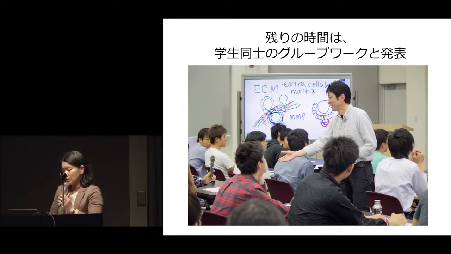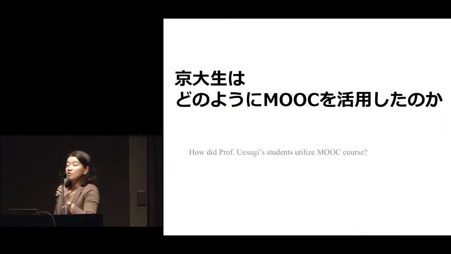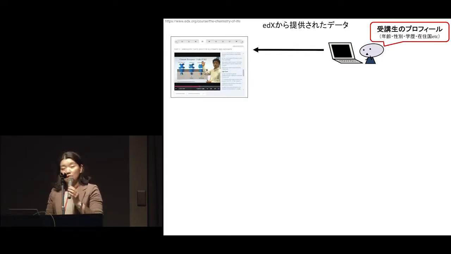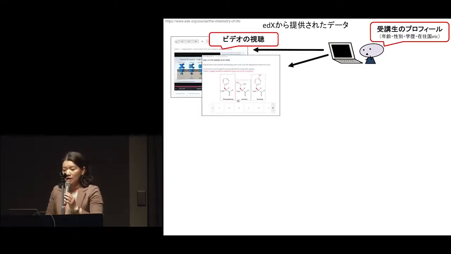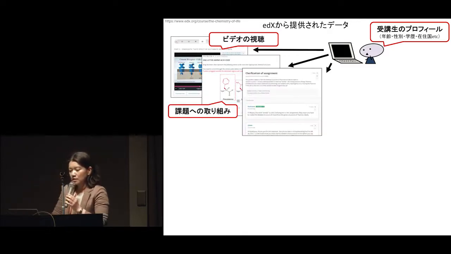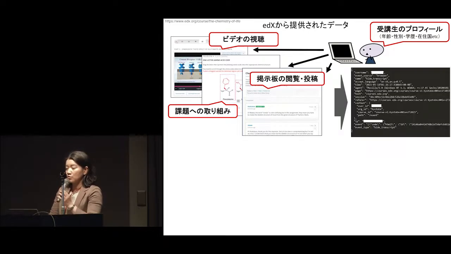In year 1, we surveyed how Kyoto-U students utilized the MOOC. When we use a MOOC, we can have log information like student profile, which page the student viewed, which problem he solved, and what comments and dialogue he had in the bulletin board.